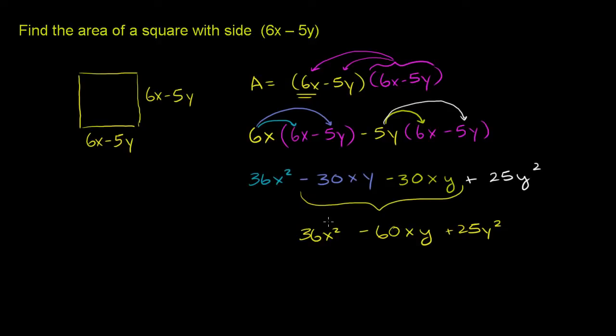Now, there is a faster way to do this. If you recognize that if I'm squaring a binomial, which is essentially what we're doing here, this is the exact same thing as 6x minus 5y squared. So you might recognize the pattern. If I have a plus b squared, this is the same thing as a plus b times a plus b.